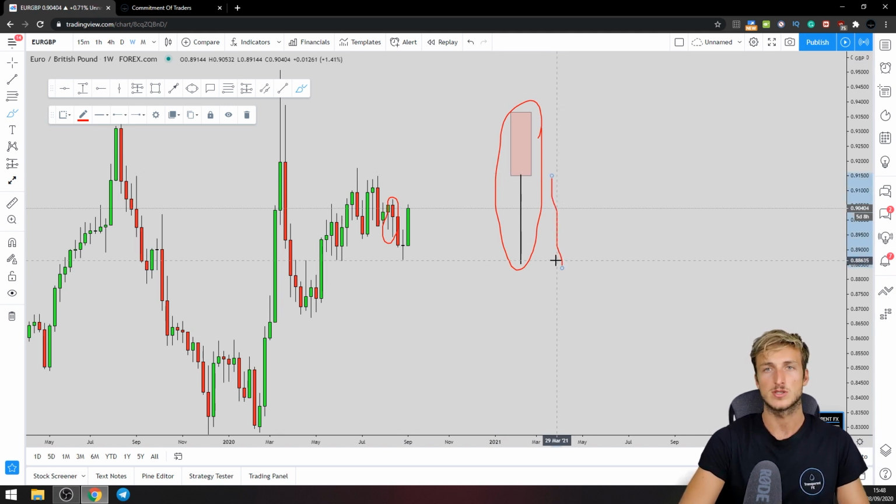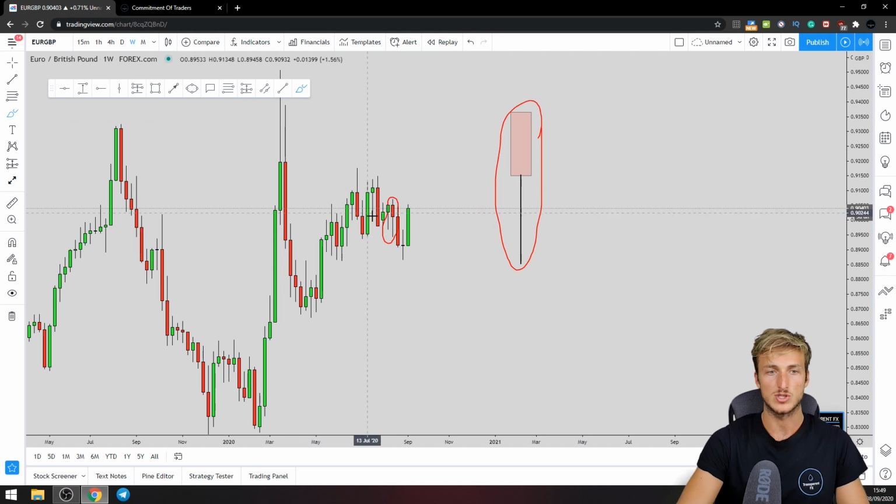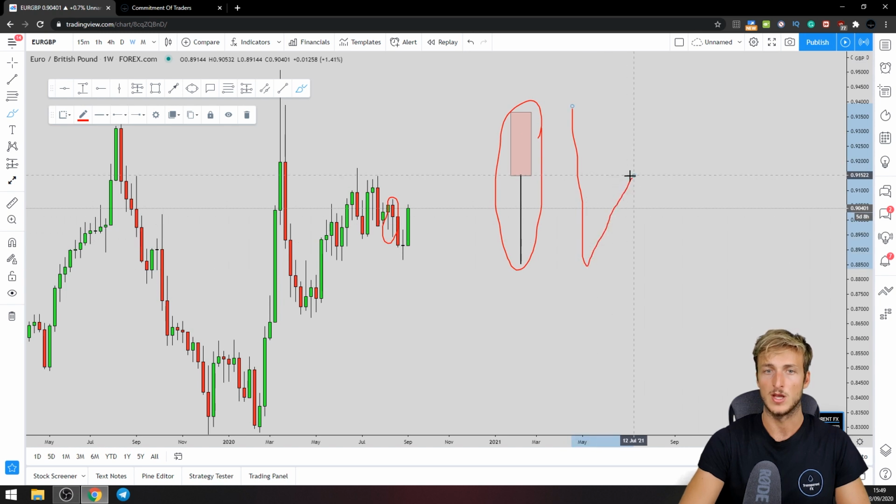If you're asking yourself why we expect the next candle to fill in the wick, it is because this wick on lower time frames, so for example on the daily time frame, will simply be a retracement. Meaning that if on the weekly time frame you see a candle like this, you expect to see on the daily time frame an impulse and a correction. So this correction will simply be the wick.